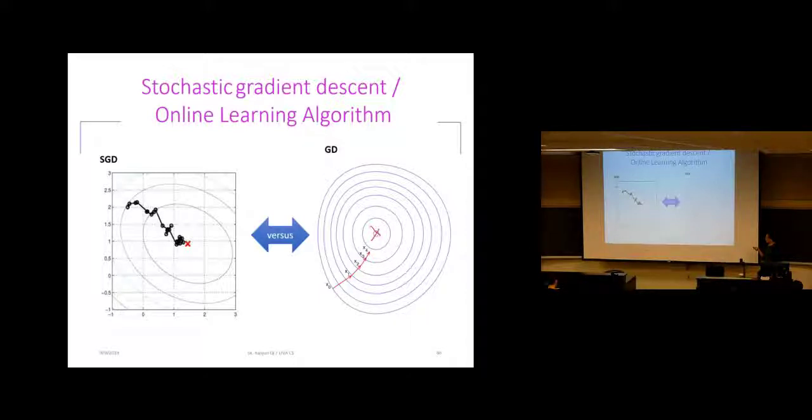You can actually tell it's a wiggly approximation, right? There's a lot of noise added in the gradient descent optimization path. And stochastic gradient descent is actually doing something called implicit regularization. And this is actually good.